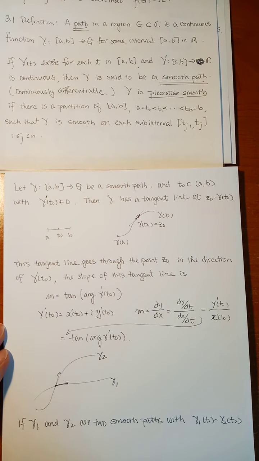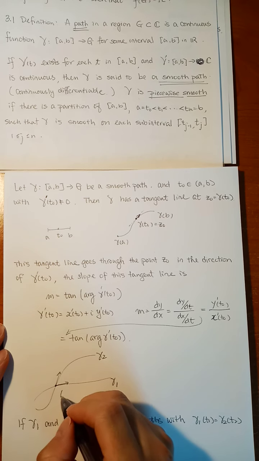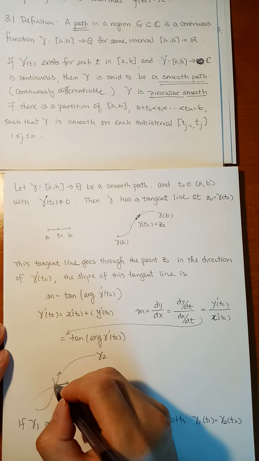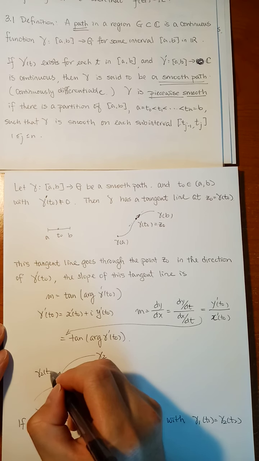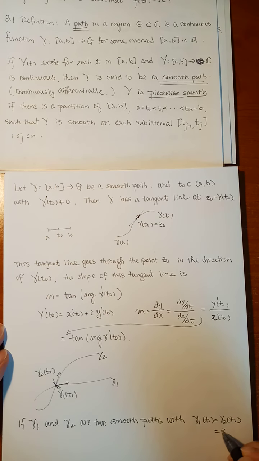They have two different parameters. This is gamma 1 of T1, this is also gamma 2 of T2. They both equal Z0.